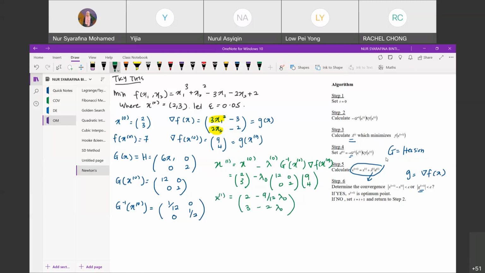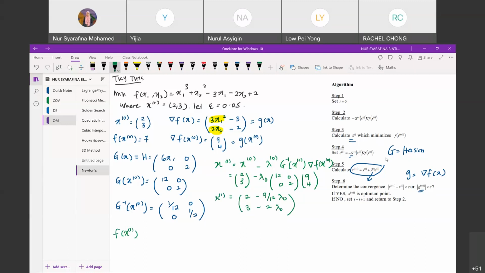Now how can we find lambda? If you have your point x1, then you can find your f at x1 by substituting the point into the function.